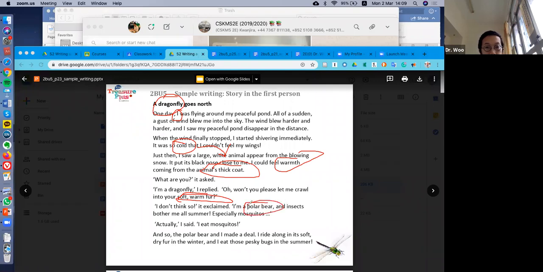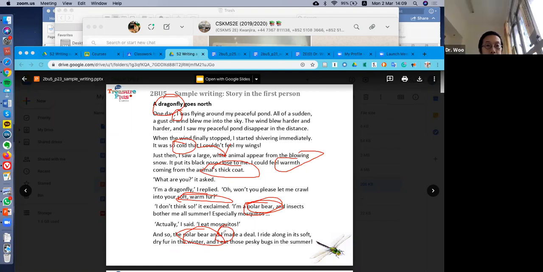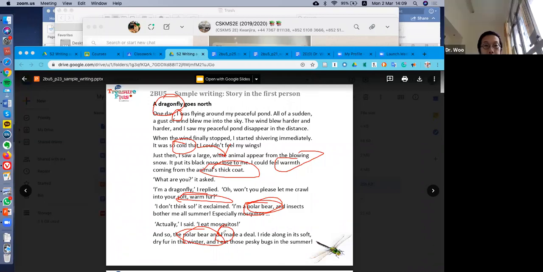Polar bear. So the polar bear and the dragonfly make a deal. And that's the resolution, or the solution to the problem. I'll say it again. In the dragonfly story, the dragonfly's cold, the dragonfly meets a polar bear, and the dragonfly and the polar bear agree to work together so the dragonfly stays warm.